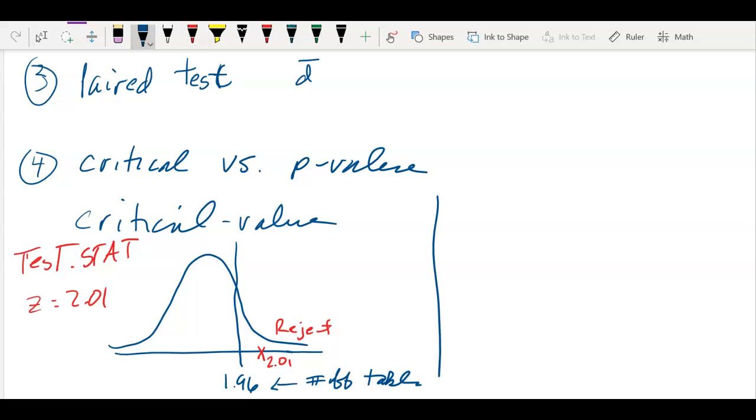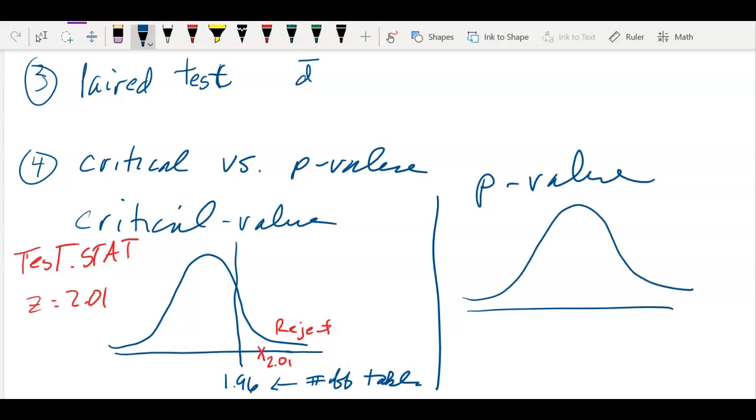Now, with your p-value approach, it's different. Again, we'll just do a right-tailed test for reference. When you're doing a p-value approach, it's your actual test statistic that gets written here. I tried to explain in the beginning of the course and throughout the videos that it's really important you understand the terminology in statistics.